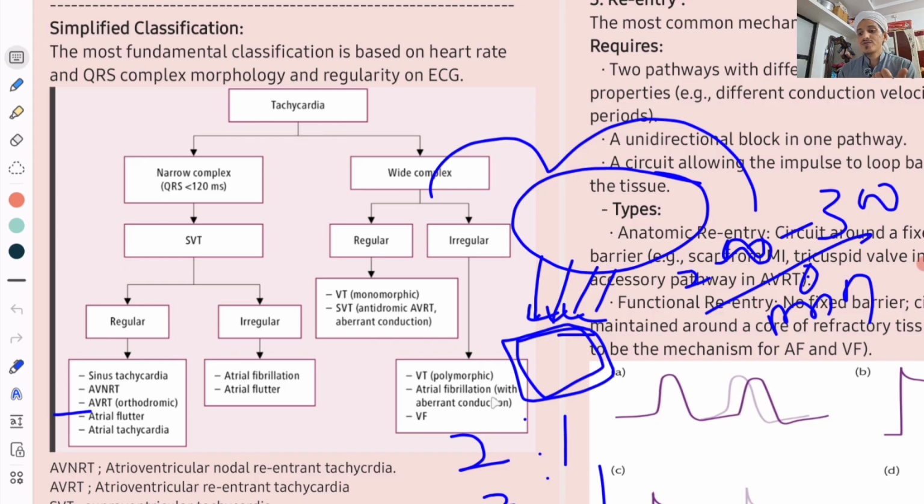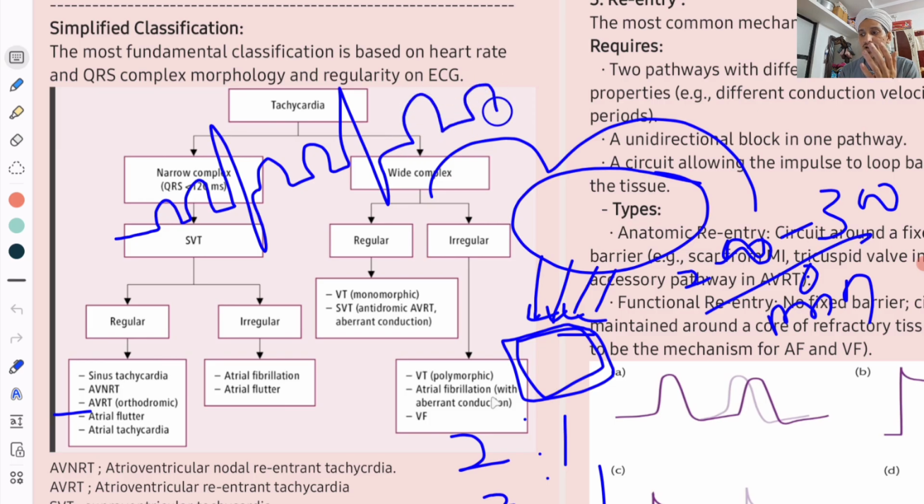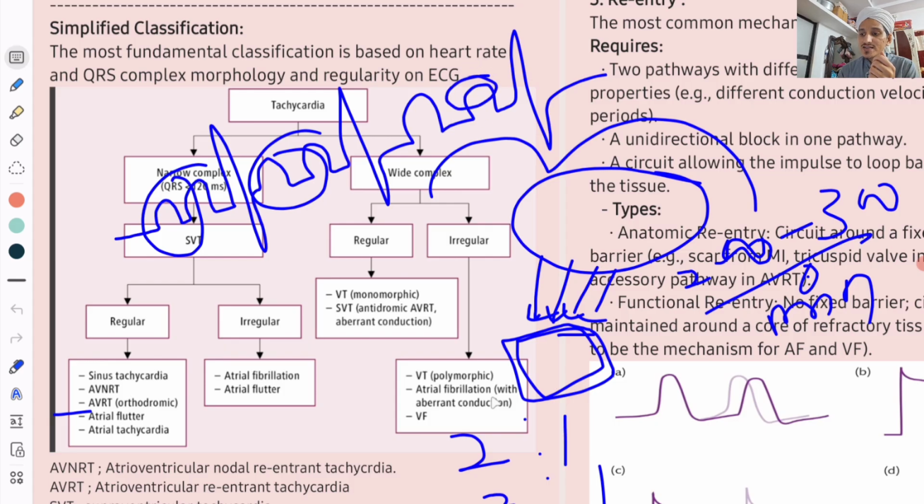So this is also supraventricular tachycardia, but you will not know. You will have a P wave, again a P wave, then a QRS complex, P wave, QRS complex. So every second P wave will have a QRS complex. But you will not understand; you will think this is a T wave and this again a P wave.